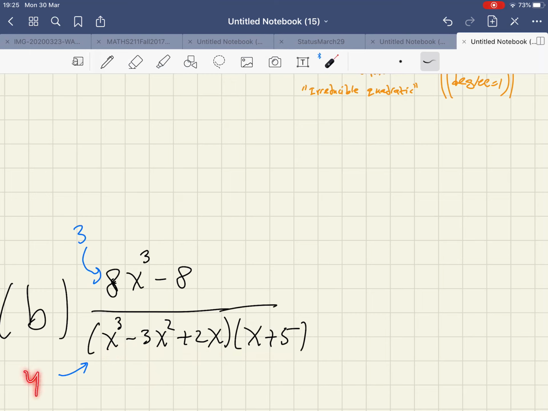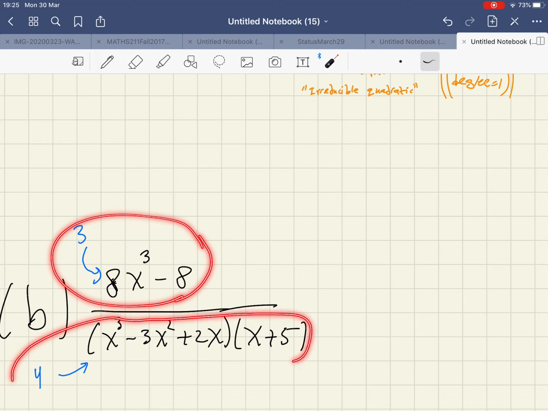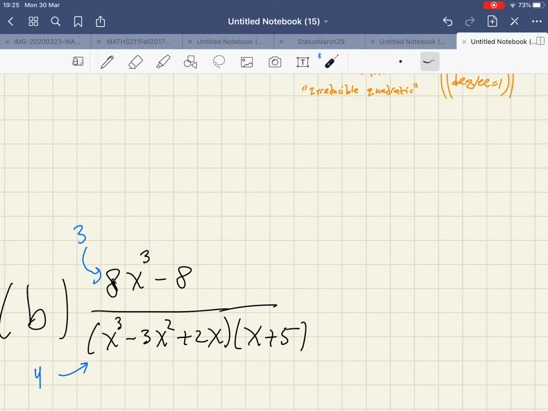If you add them, you get 4, because remember, I will multiply x cubed by x, I will get x to the 4th, and that's the maximum thing I can get. Now, are we in a good situation? The answer is yes. And why is that? Because the degree of the numerator is less than the degree of the denominator, so we are totally fine.